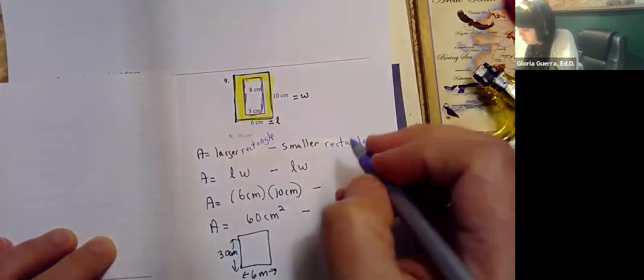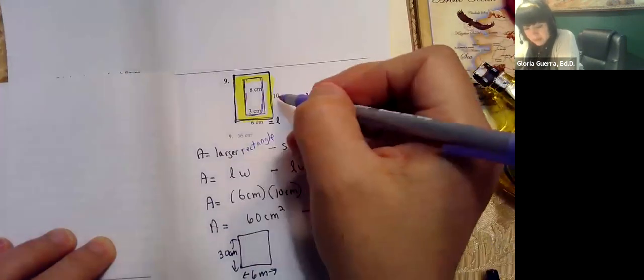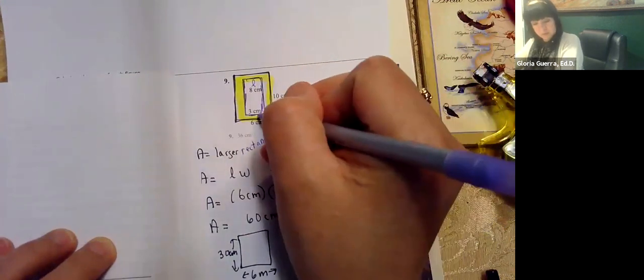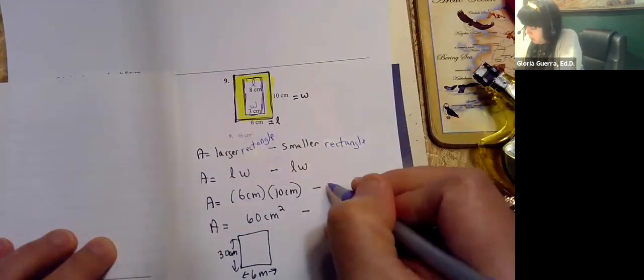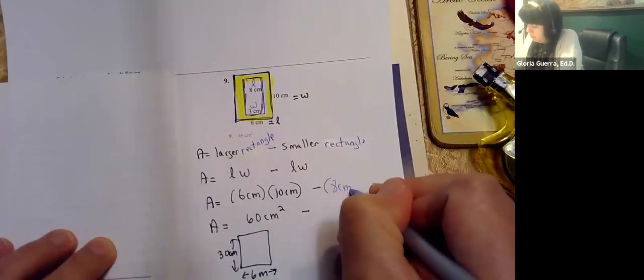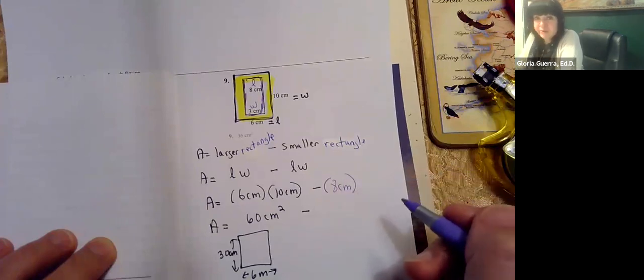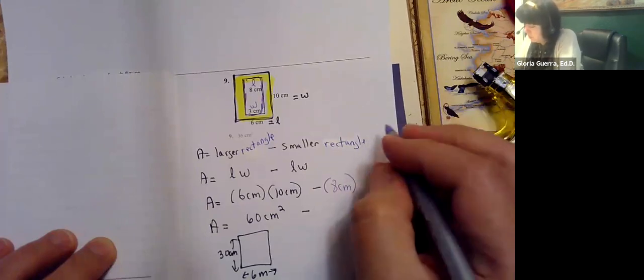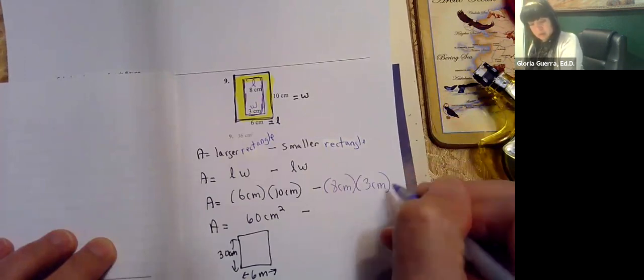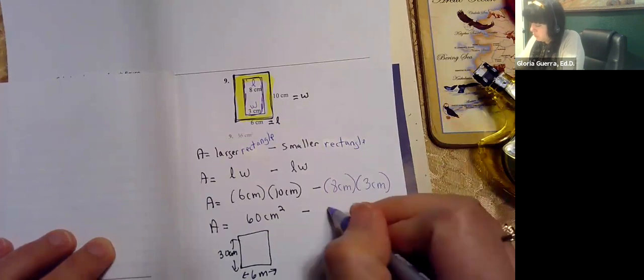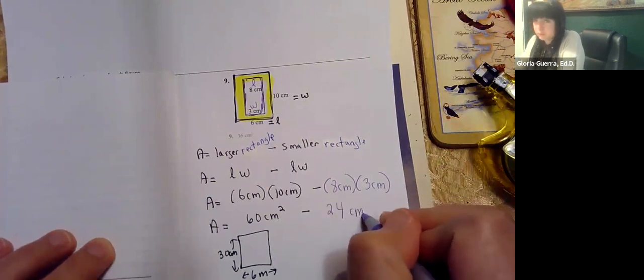That's smaller. So the length would be this 8. Put L there, and then the width is going to be that 3. There's your length, and now your width is 3 centimeters. And 8 times 3 is 24 centimeters squared.